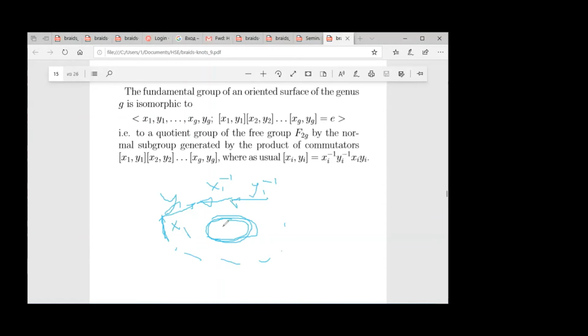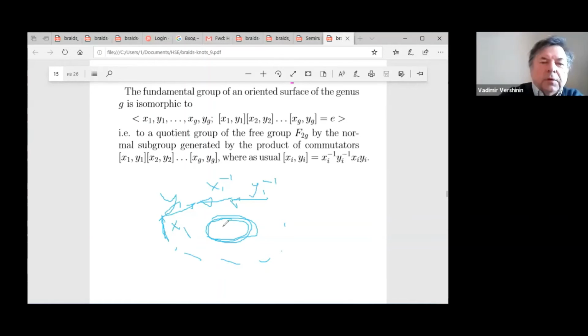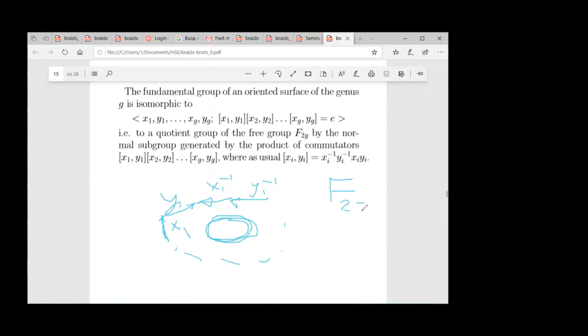We can move this loop to a point. No. The fundamental group, with one boundary component, will be just the free group of rank 2g.